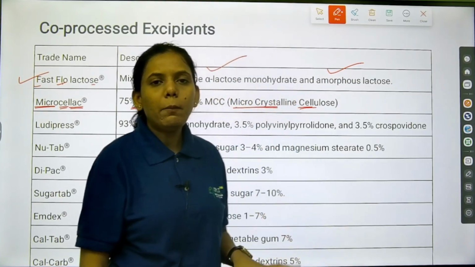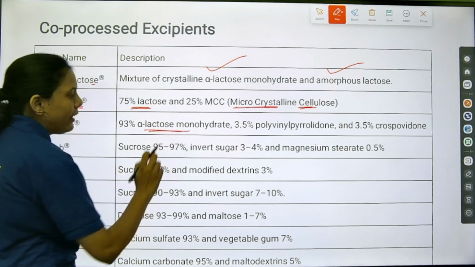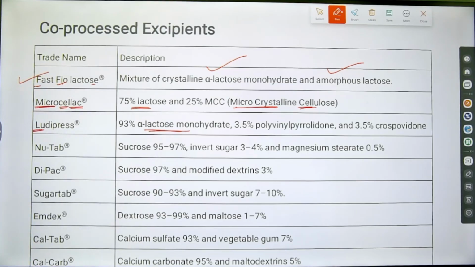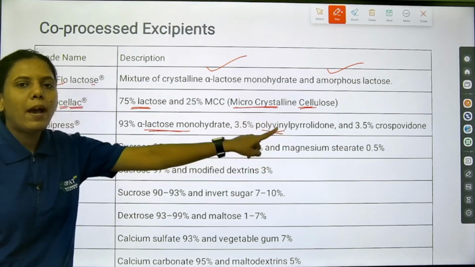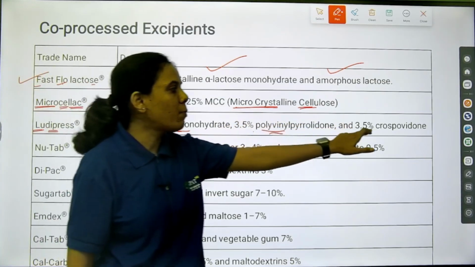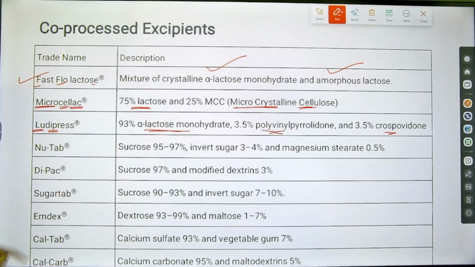From the name it is easy to remember. Next one is Ludipress. Again, from L you can remember that lactose is present, that is lactose monohydrate, and for the remaining, P you can remember is for polyvinyl pyrrolidone, povidone, and crospovidone. So polyvinyl pyrrolidone and crospovidone, and L for lactose.